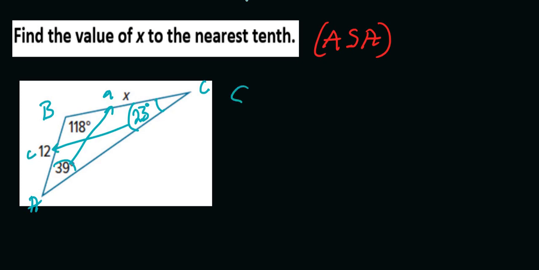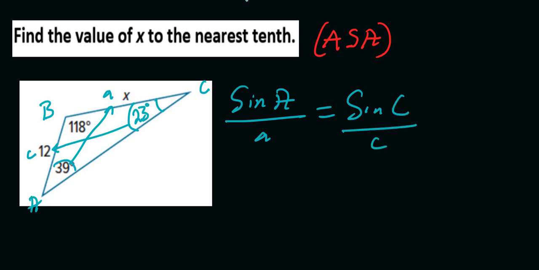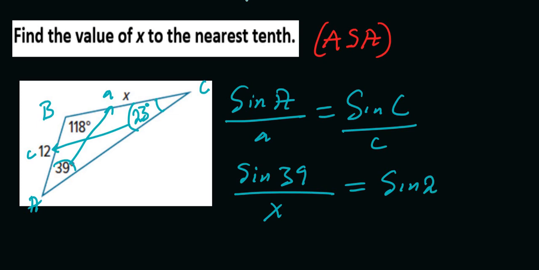We are also using the formula sine A over lowercase a equals sine C over lowercase c. So let's plug in the values. Sine A will be sine 39 over the unknown x equals sine 23 degrees over 12.